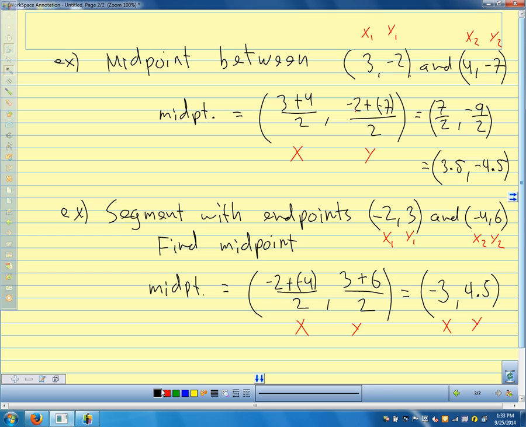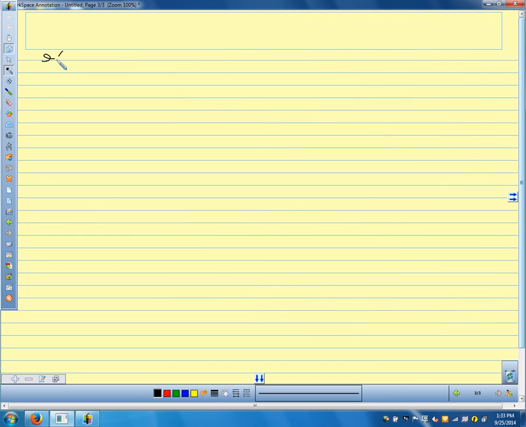Okay, let's look at an example that's a little trickier. Let's say we know the midpoint and one endpoint. So we know the midpoint of segment LM is 2, negative 1.